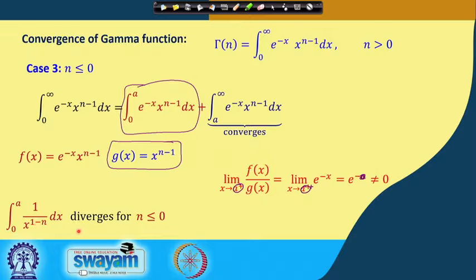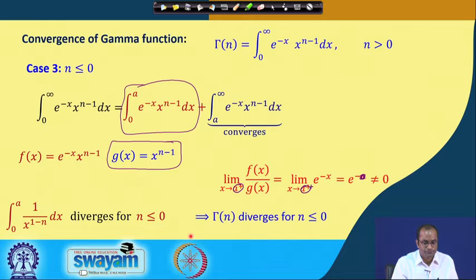But in this case, when n is negative, this power will be greater than or equal to 1, and in that case this integral will diverge, and therefore the integral from 0 to a will also diverge. So, we have that gamma n diverges when n is less than or equal to 0.